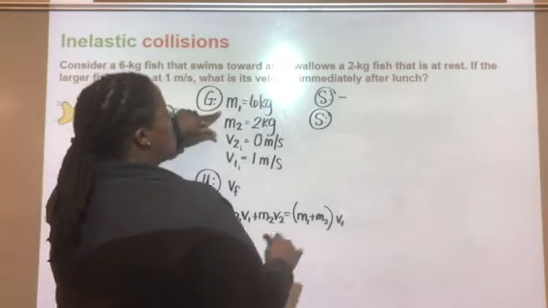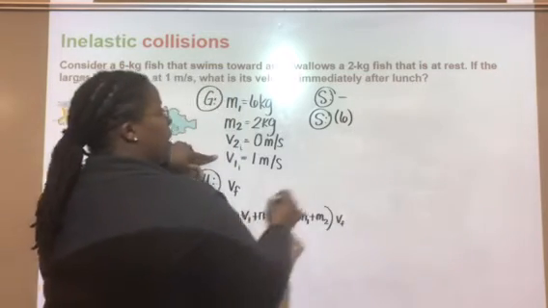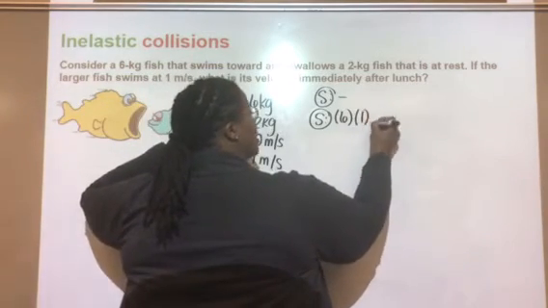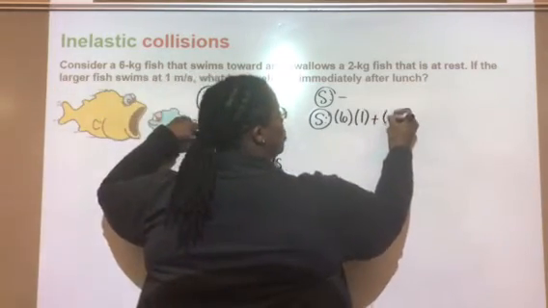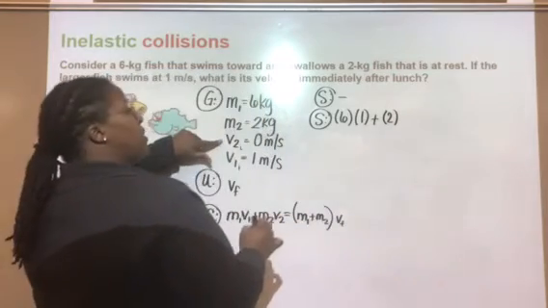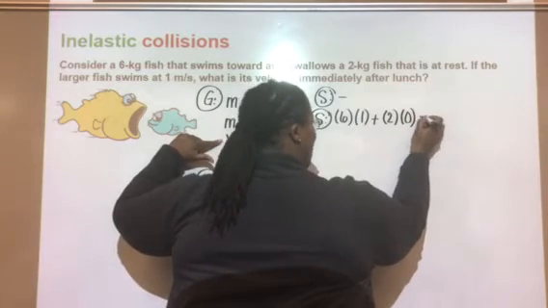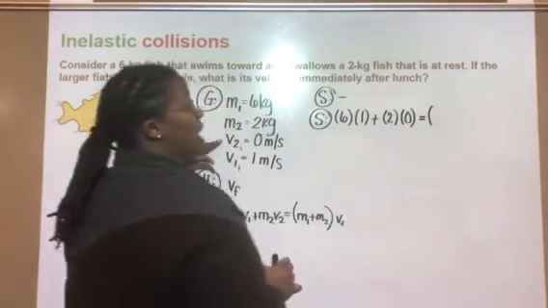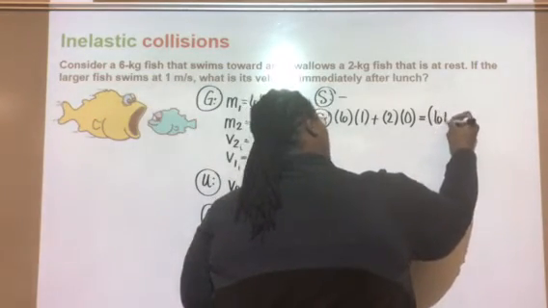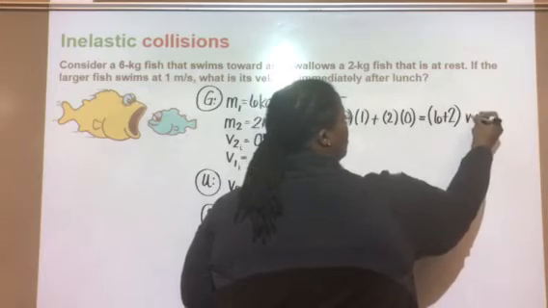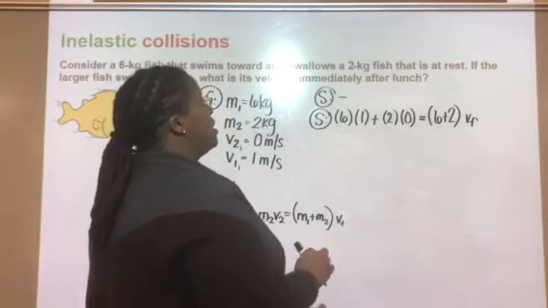Mass of our first object, so M1, which is 6, V1, which is 1 meter per second, plus the mass of the second fish, which was 2, the velocity of the second fish, he was at rest. There was a collision. We're now going to add our masses, and we are looking for the final velocity after lunch was all over.